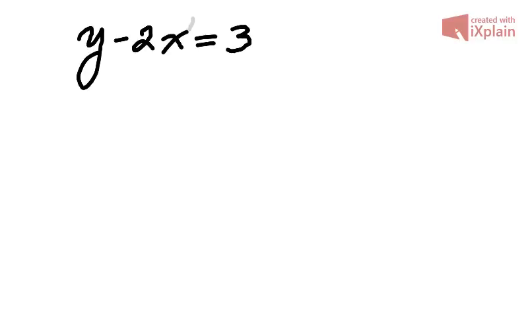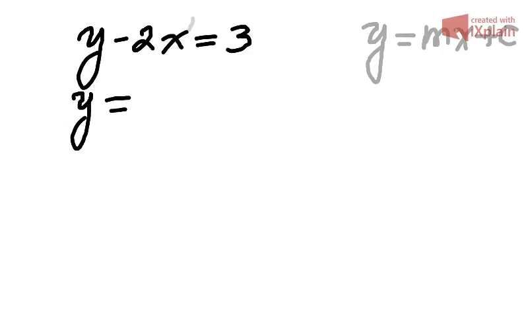But if that is what indicates it is a linear equation, we should write it in the generic format, which is always y equals mx plus c. So that's the first thing we have to do with this black equation. So keep the y there on the left hand side, and to eliminate the negative 2x, all we need to do here is add 2x to both sides of the equation.